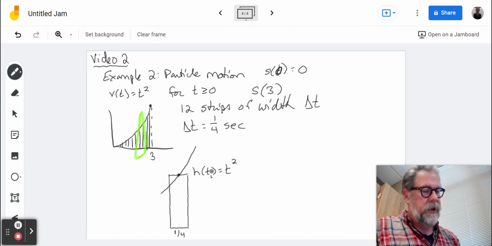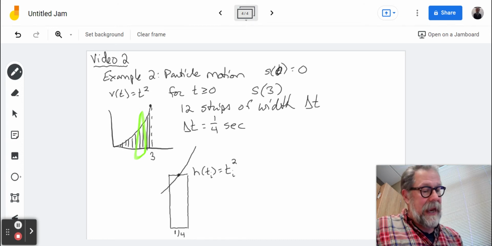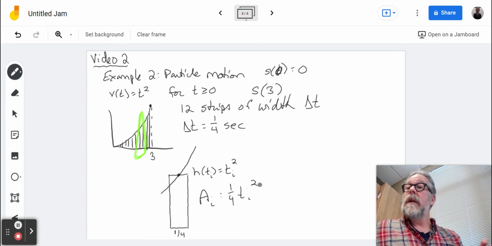So if I call this t sub i, some strip, the height of this will be t sub i squared. Well, this means that the area of my strip will be base times height.